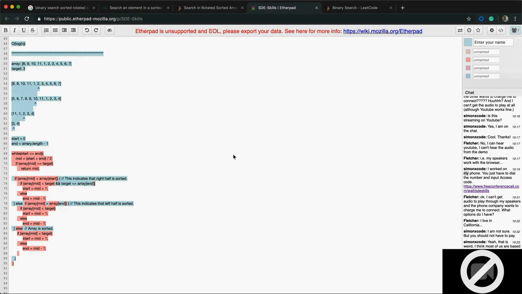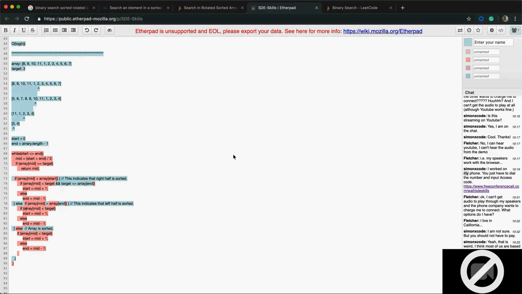We are just checking that it is in the range on the right, which is already sorted. So we set the start to mid plus 1, otherwise we set the end to mid minus 1.